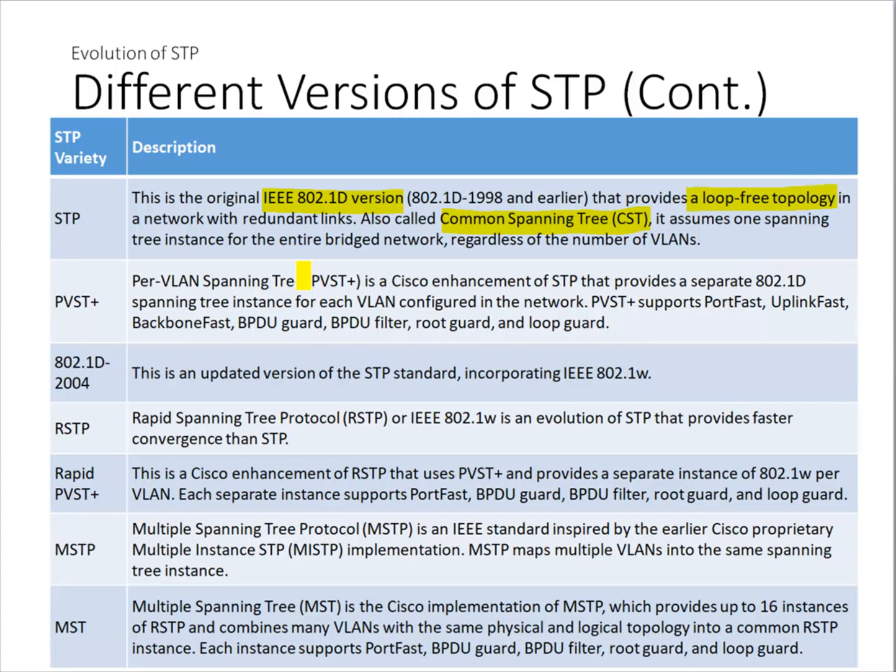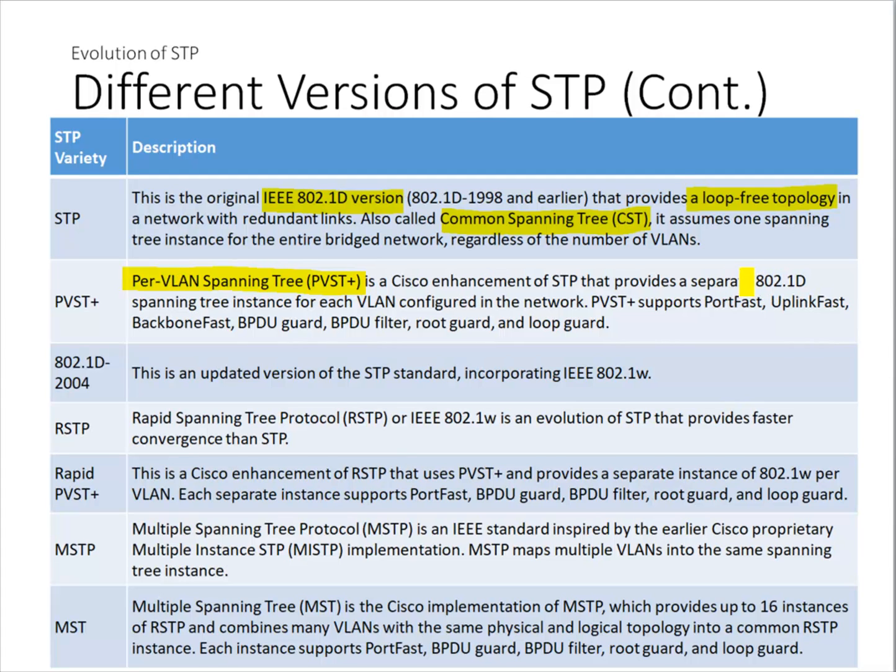PVST, which we just discussed in the previous slides, is per VLAN spanning tree. If you have 10 VLANs, there will be 10 spanning tree protocols running in different VLANs. Then PVST plus, per VLAN spanning tree plus, is from Cisco.